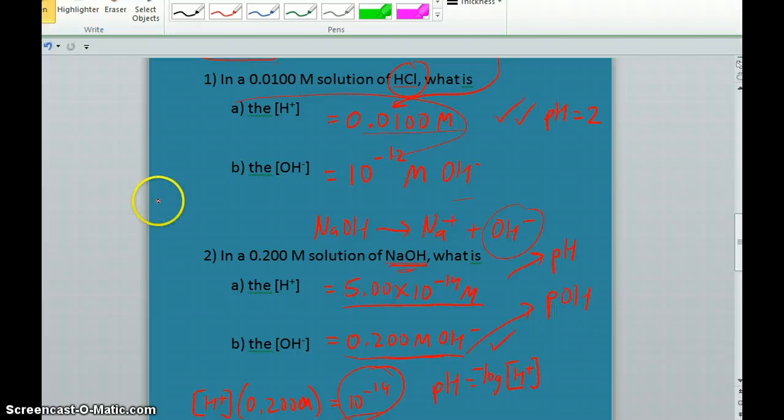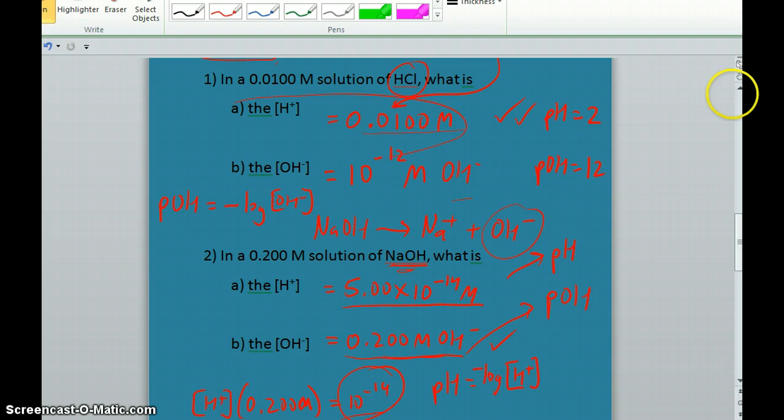Likewise, the pOH of a solution is nothing more than a fancy way to express the hydroxide concentration. Negative log of hydroxide concentration. So if I know the hydroxide concentration in the solution is 10 to the negative 12th molar, the log of that is negative 12, and the opposite of negative 12 is a pOH of 12.